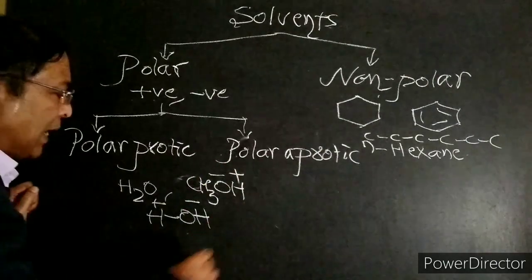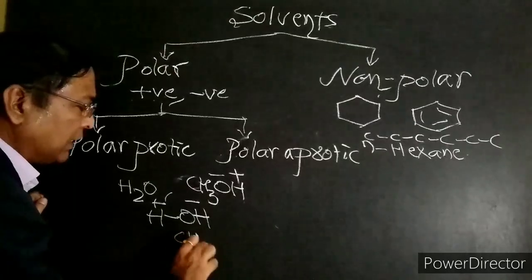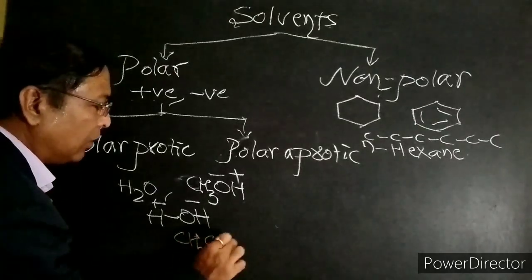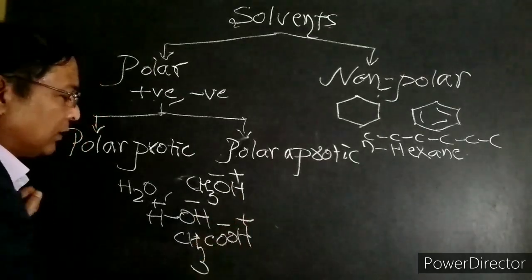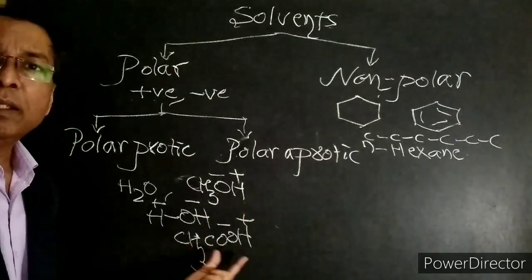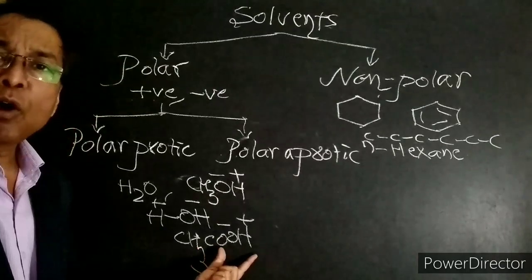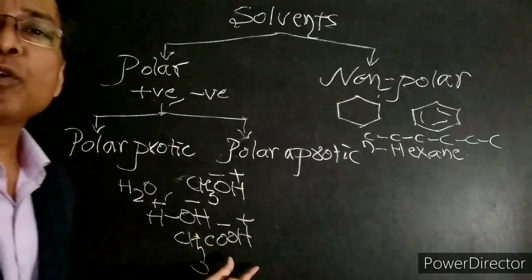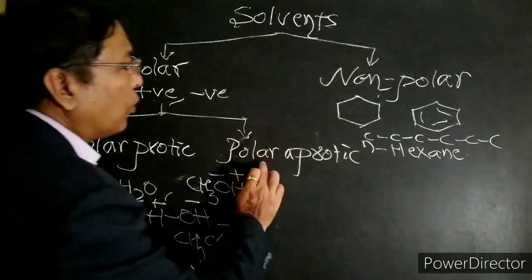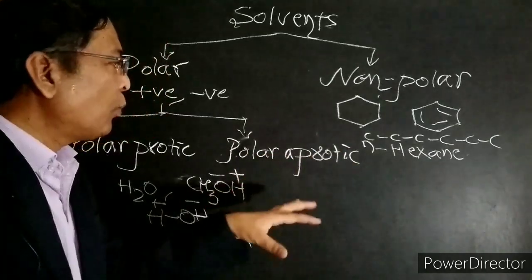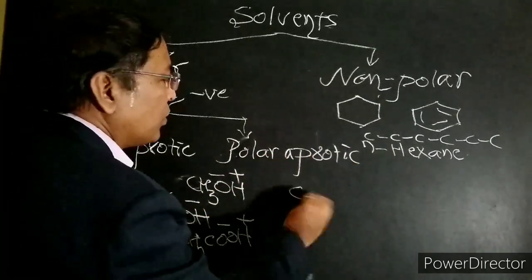One more example of polar protic solvent is acetic acid, CH3COOH. It has H plus and CH3COO minus. This acetic acid is also a polar protic solvent. It produces protons, that is H plus ions. And polar aprotic solvents have polarity but they cannot produce H plus ions.